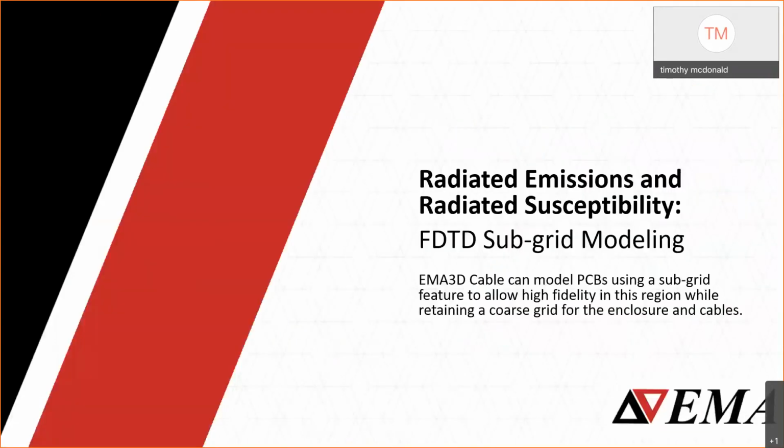So that's one of the powerful advantages of this product, is it can be used for radiated as well as conducted EMI/EMC metrics. So model reuse is one of the primary goals for the tool, and that's part of the workflow of engineers that use EMA3D cable.